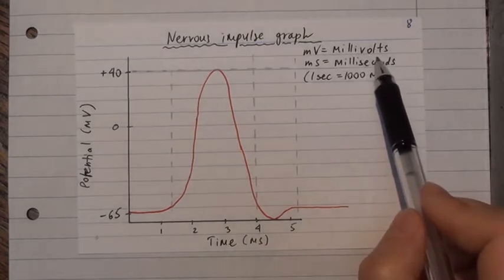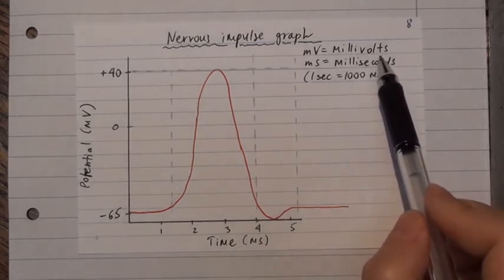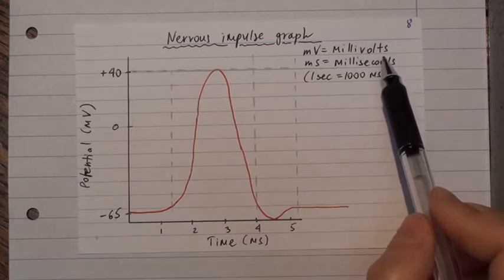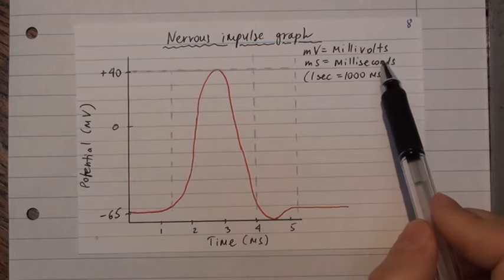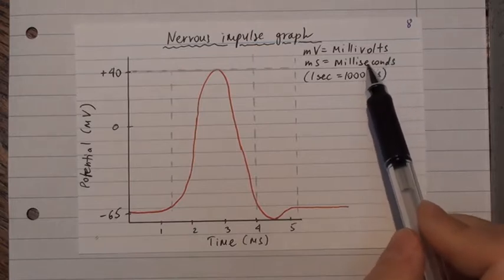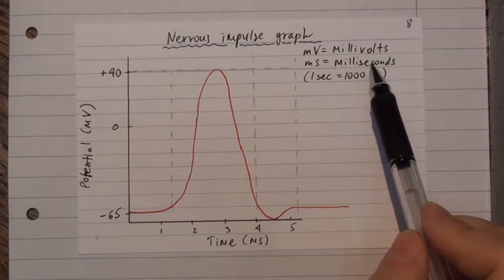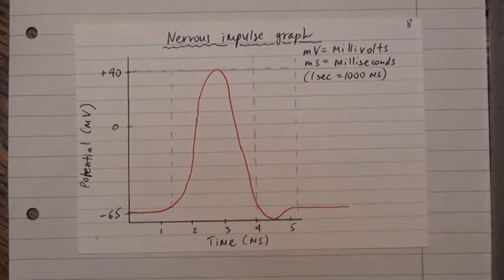Just for comparison purposes, your AA standard battery contains 1.5 volts, and your electricity outlet, where you're plugging your computer into, or your lamp or your TV, that contains 230 volts, right?